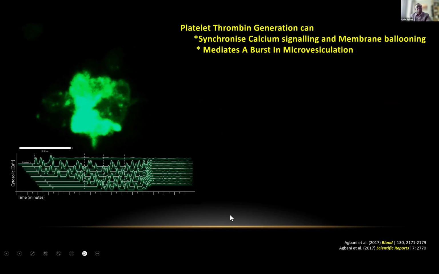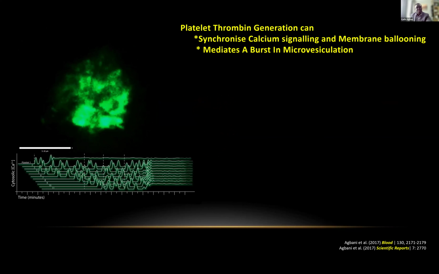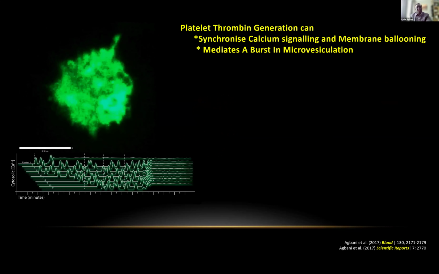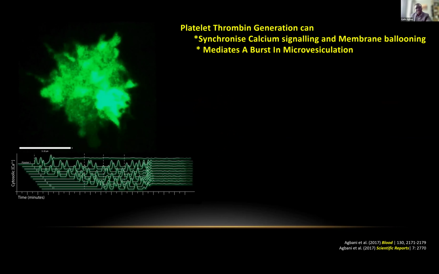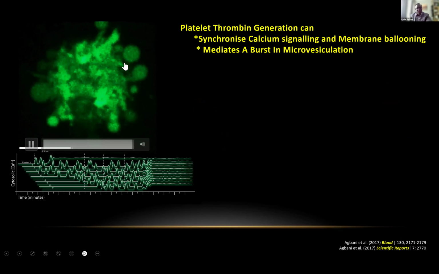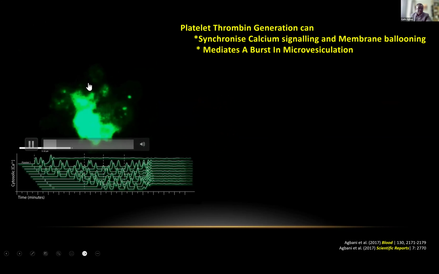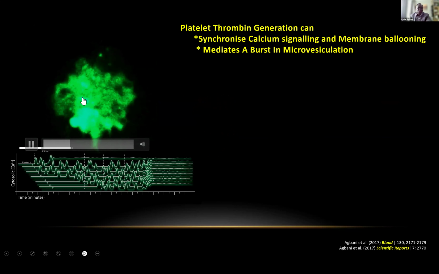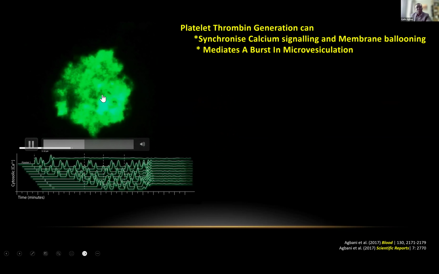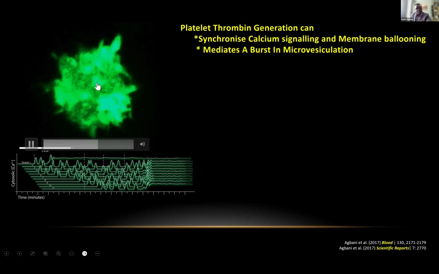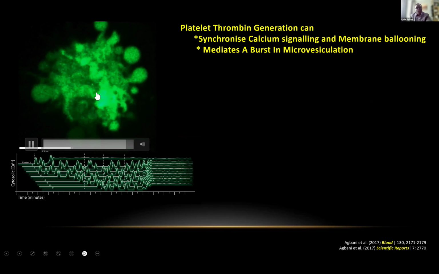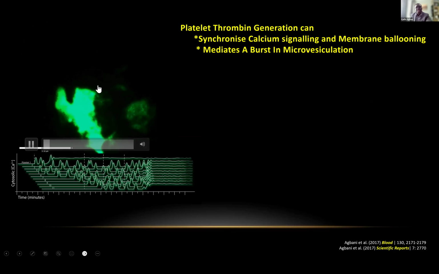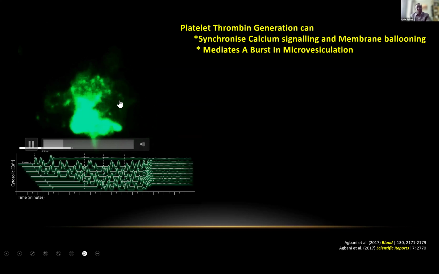Now, another observation that we made is that as thrombin is being generated, it can actually lead to synchronized calcium signaling and synchronized membrane ballooning, and also mediate a burst in microvesiculation. So here you are looking at human plasma platelets that we allowed to adhere to collagen. Somewhere in the middle here, the procoagulant platelets are there. So they are generating thrombin that is diffusing outwards.